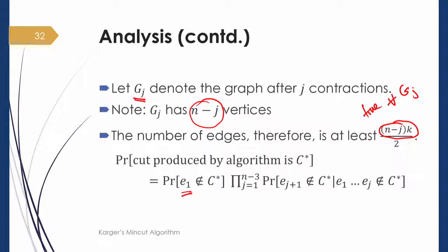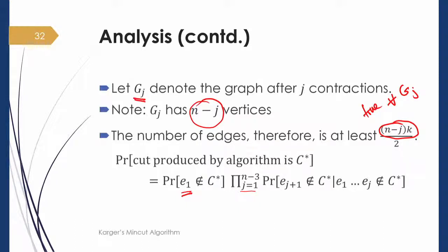Okay, so let's write that out more carefully. That's the probability that E1 does not belong to C star, times, now you're going from j equal to 1 to n minus 3, the probability that E2 does not belong to C star, the probability that E3 does not belong to C star, and so on up to the probability that En minus 2 does not belong to C star.